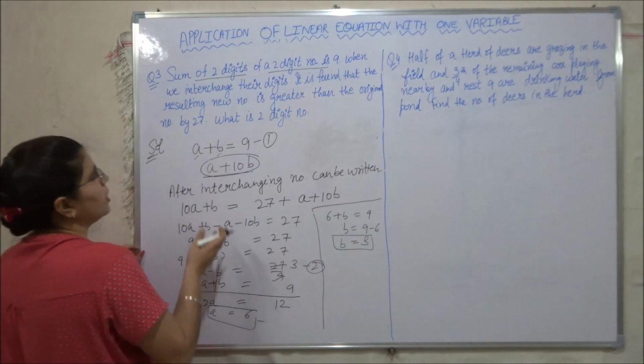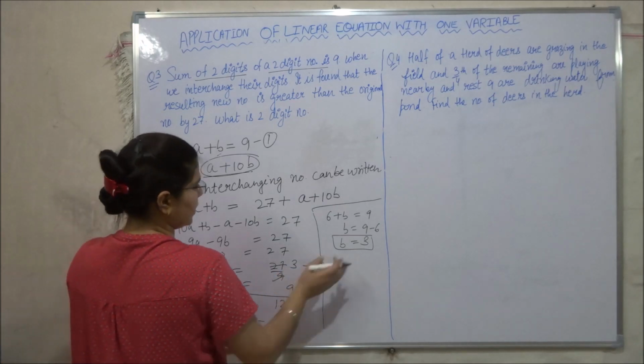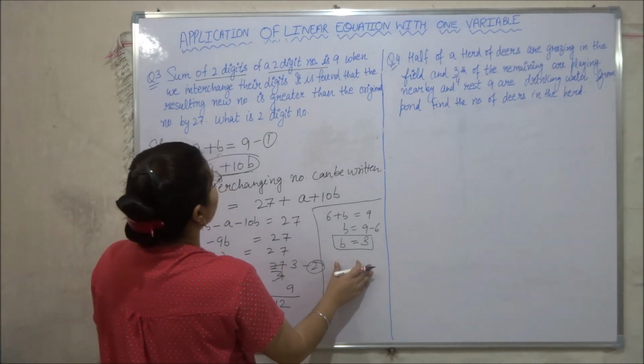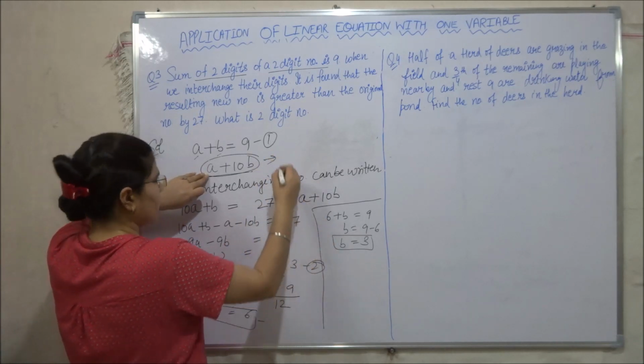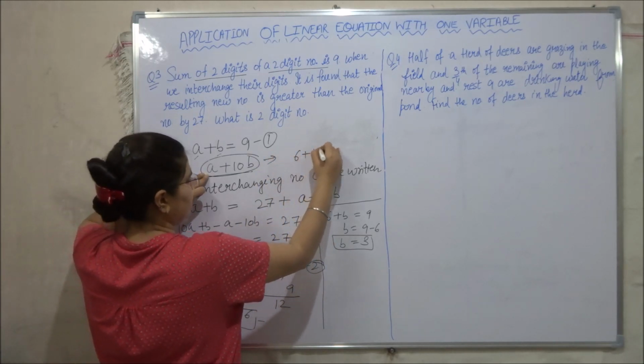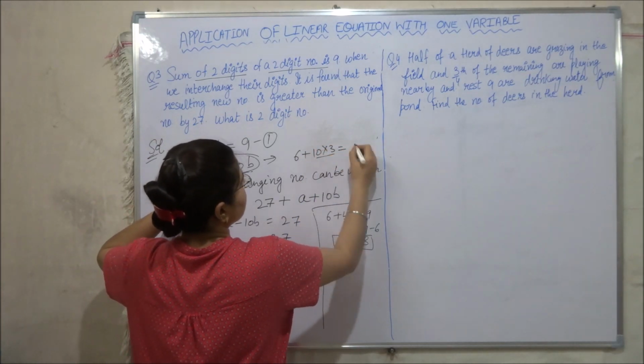So we have found the digits a and b, that are 6 and 3. So we have to find the number. That original number will be 6 plus 10 multiplied by 3, that will be equal to 30 plus 6, 36.